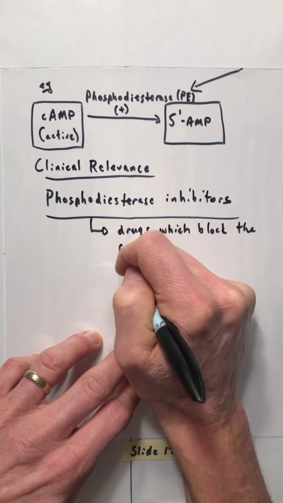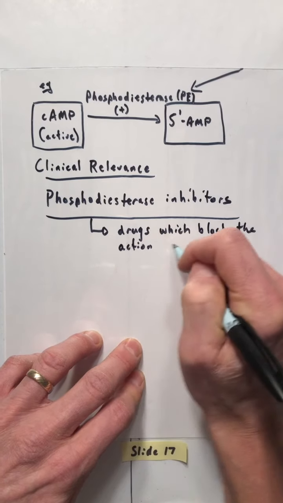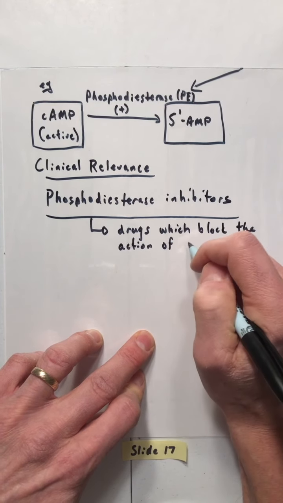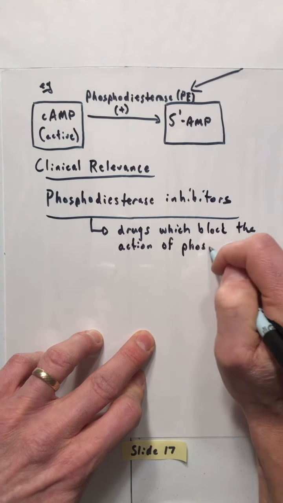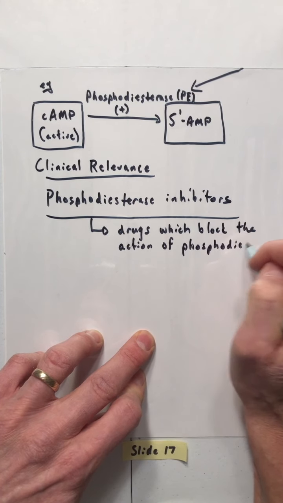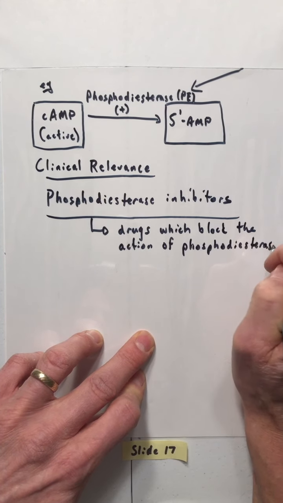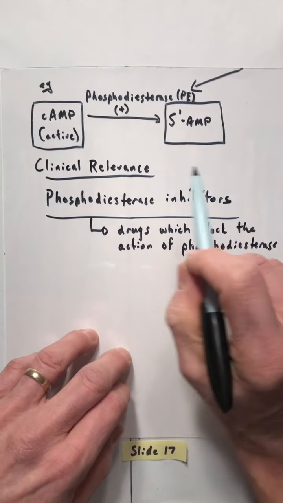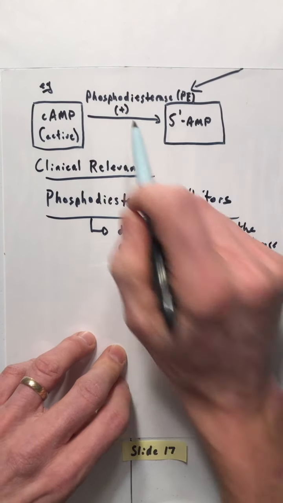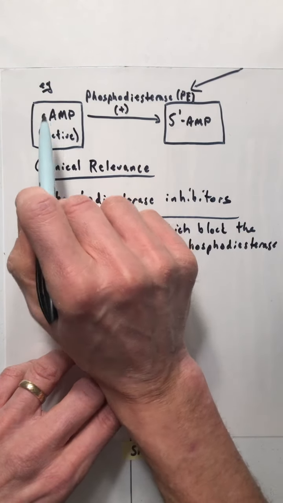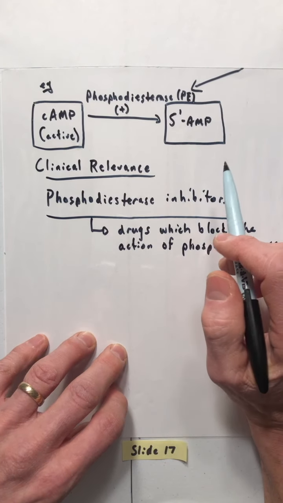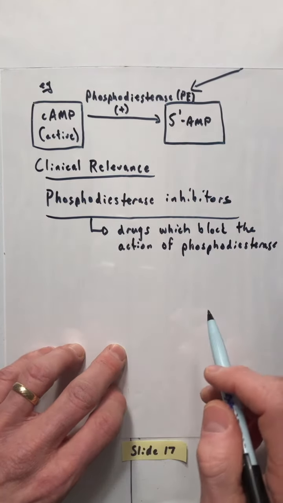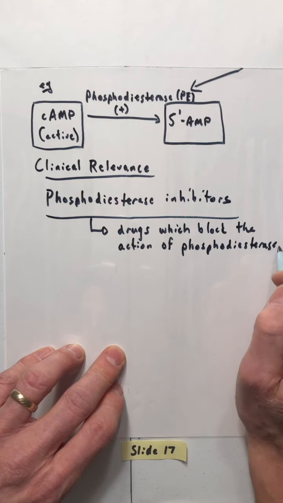Why might we want to do that? Why might we want to block the action of phosphodiesterase? Well, what would happen if you block the action of this inactivating enzyme? If we block the inactivation of cyclic AMP, the net effect of that is to keep cyclic AMP levels high in that target cell.